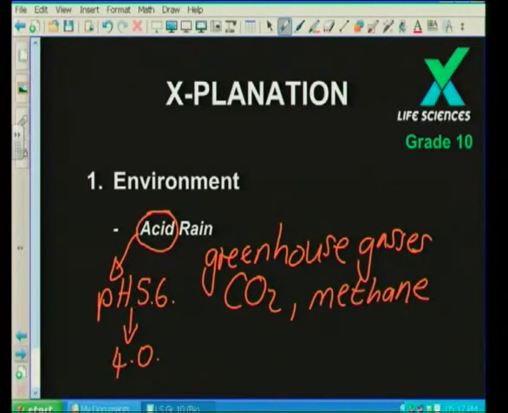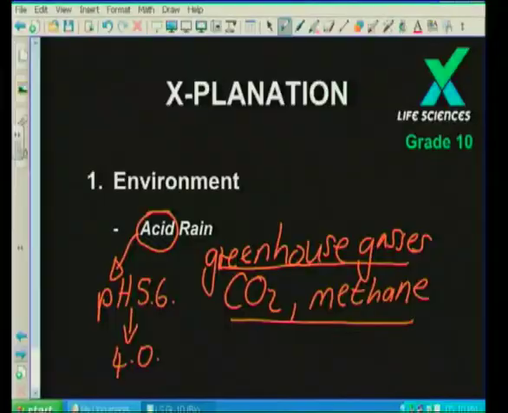Now that is not good, because what's going to happen is that when this rainwater comes back to Earth, and we call that precipitation, we're going to do that in the water cycle, when it rains or hails or there's dew, the water comes back to the Earth's surface. So the water will land in our streams, it will land on our Earth's surface, it will go into our dams, causing that water to become more acidic.